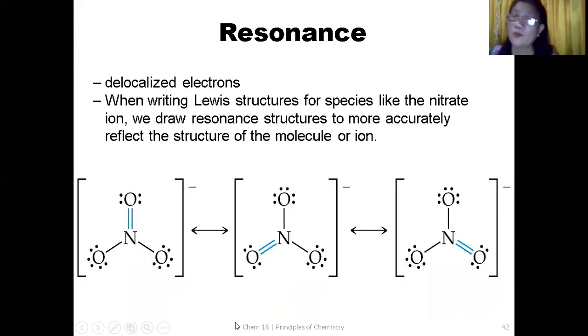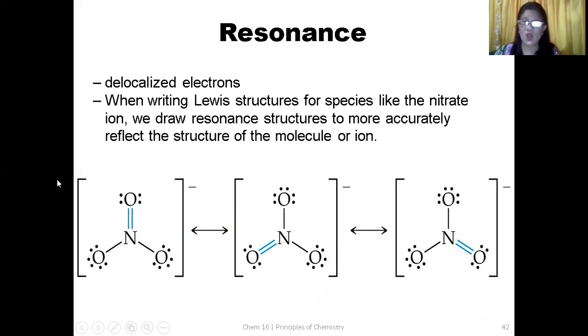Same thing when there is a double bond or triple bond. Here is nitrate, NO3. This is the first formula. Nitrogen should have 8 electrons, so the double bond can go to one oxygen. This is the first formula. Then the double bond can also go here, and here. So these are resonance structures.